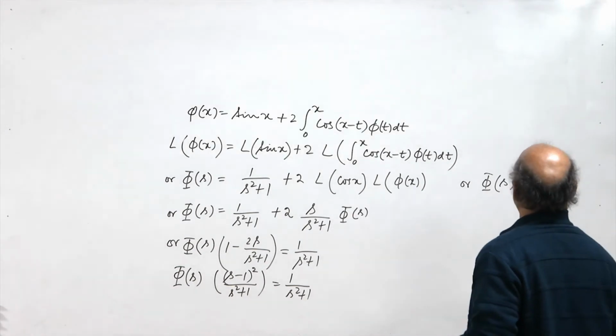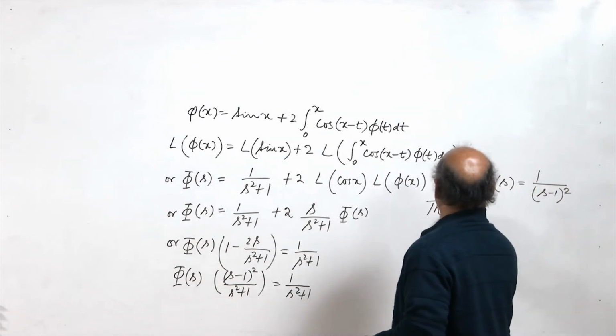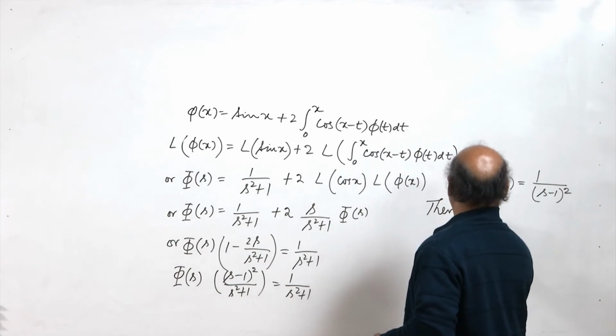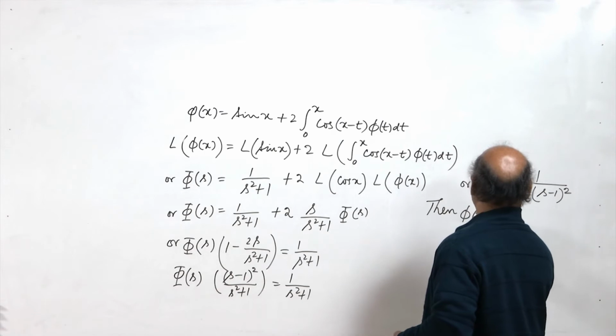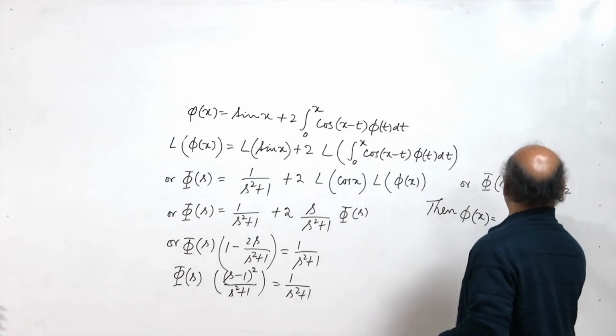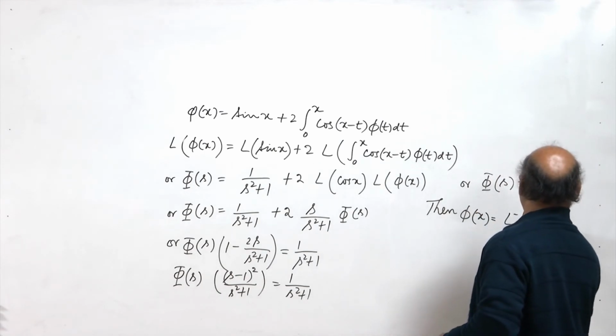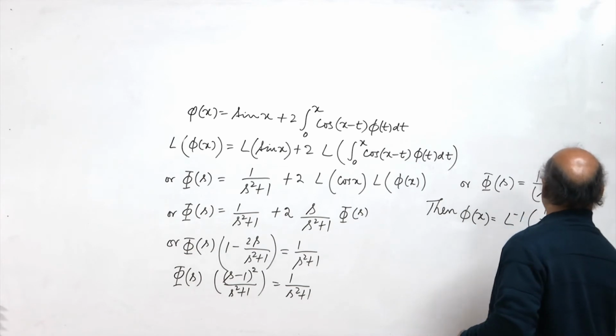Now the unknown function phi x is obtained by taking inverse Laplace transform of 1 over (s minus 1) whole square.